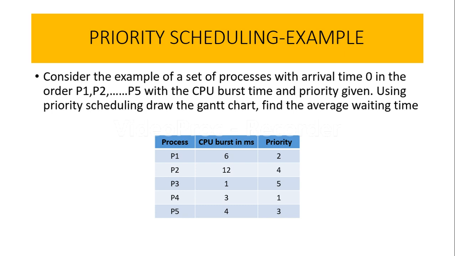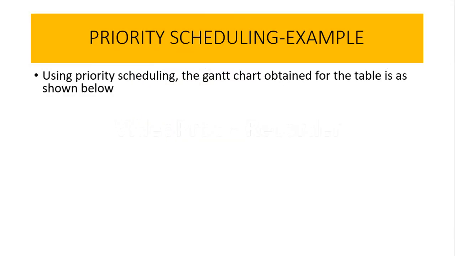Now please do remember this table, as I am not able to refer to it again in the next slide. You can take down this table. Now, if you want to draw the Gantt chart for the table we considered in our previous slide, you can see that the highest priority was given to process P4.